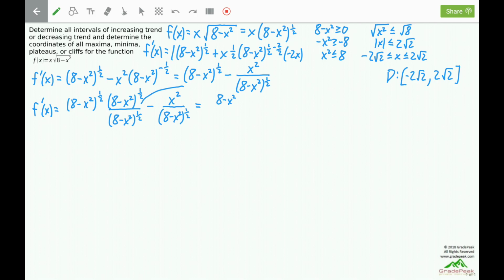We can combine it together with the numerator of the second term, negative x squared, because they are now over a common denominator of 8 minus x squared to the 1/2 power. We can combine like terms in the numerator. 8 minus x squared minus x squared would be 8 minus 2x squared. And in the denominator, the 1/2 power can be rewritten as the square root.